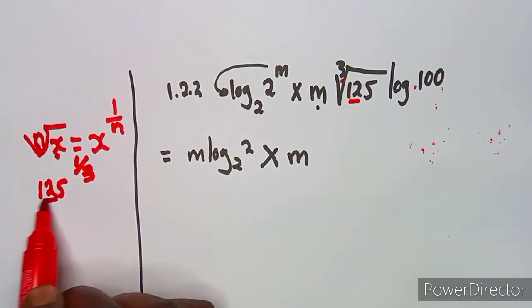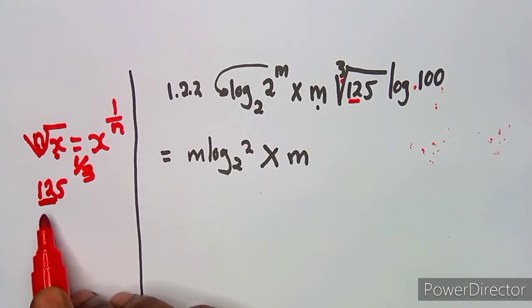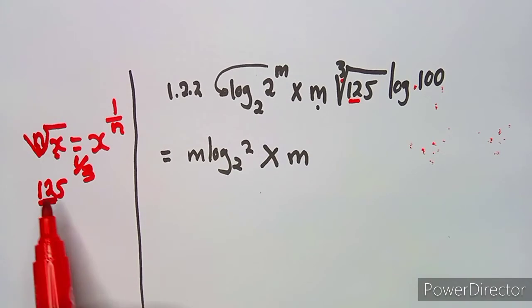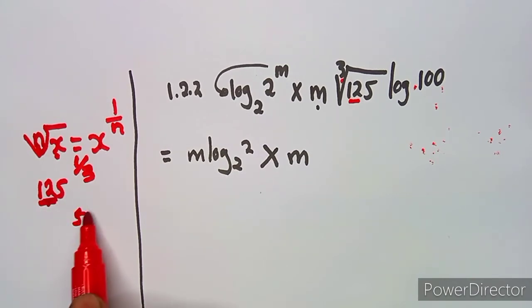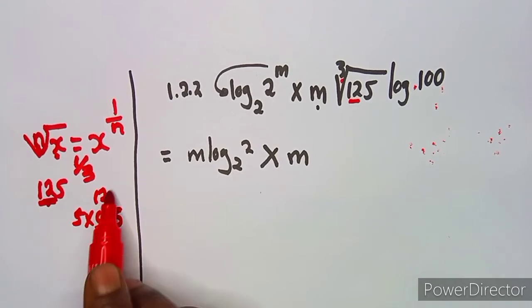But still 125 is not in its simplest form, so you're supposed to be used to numbers and bases. Which number can you use as a base and multiply to obtain 125? Using 5 times 5 times 5, we obtain 125.